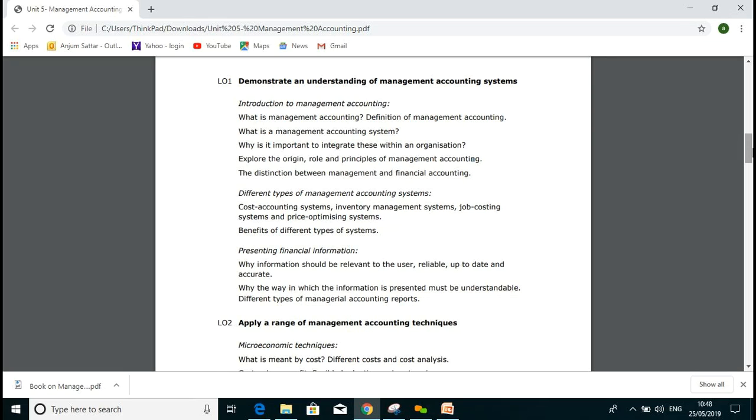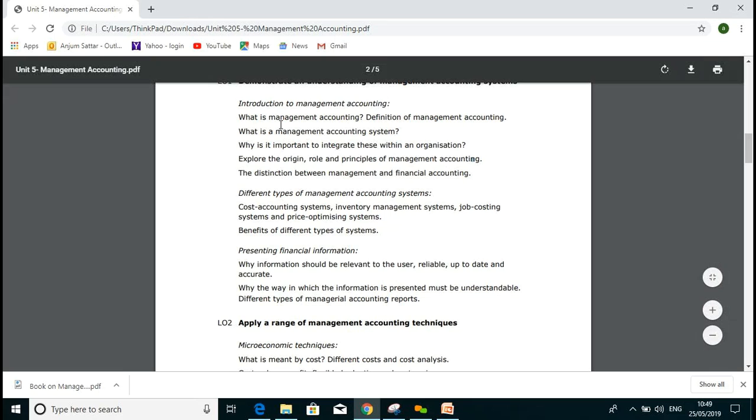We'll also cover why this information is useful in our organization, how the information is implemented, and the different types of management accounting reports which we can produce.